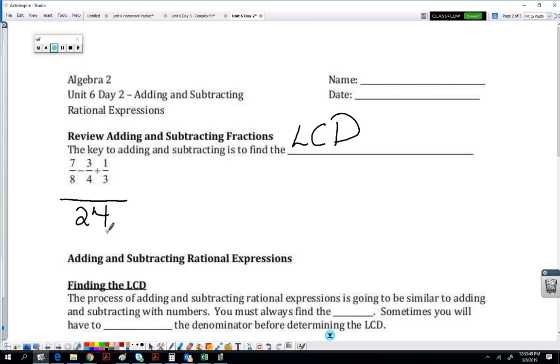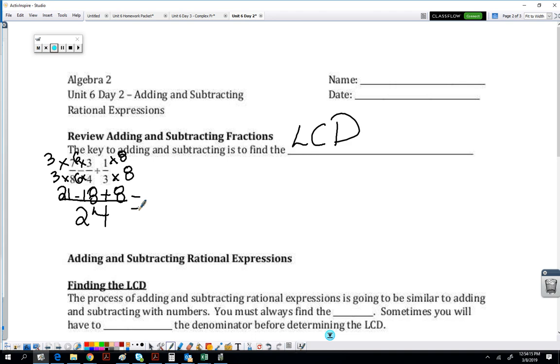So I have an 8 and I want 24. What do you multiply by? 3. What you do to the bottom, you do to the top. So I get 21. And now I have a 4, but I want 24. Oopsie, I already said it. You want a 6. So I get 18. And I have a 3, but I want 24. I got to multiply the top and bottom by 8.